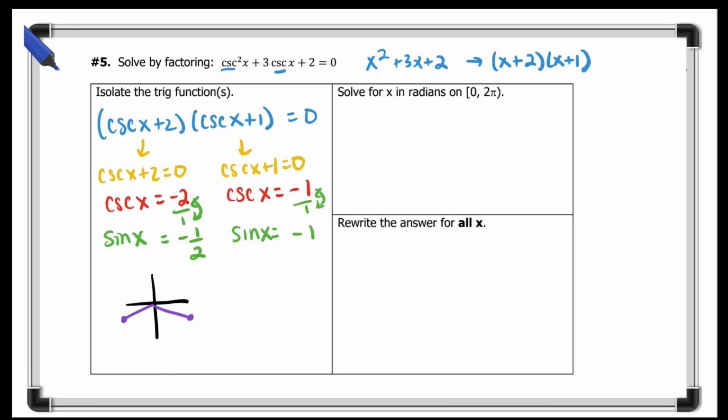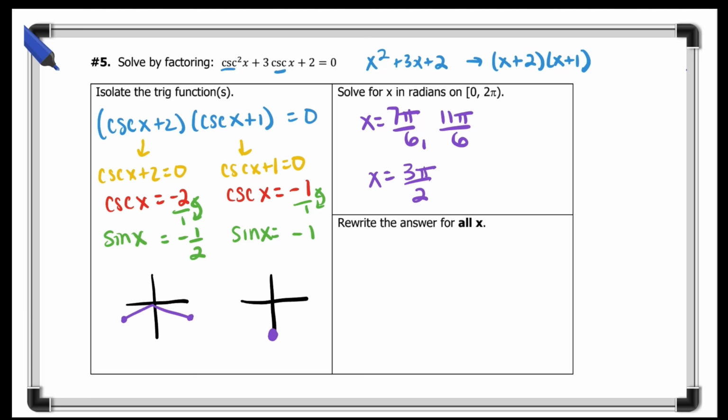So we have two answers: 7 pi over 6 and 11 pi over 6. And then for my second answer, where would sine of x be -1? That would be right down here, at 3 pi over 2. All right, so you get your answers.